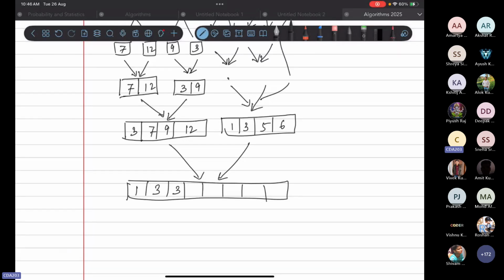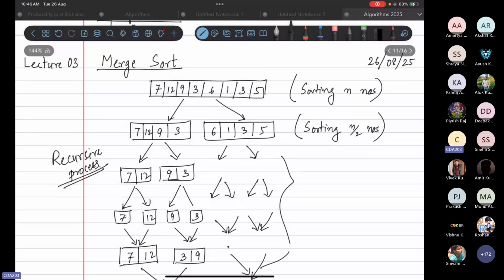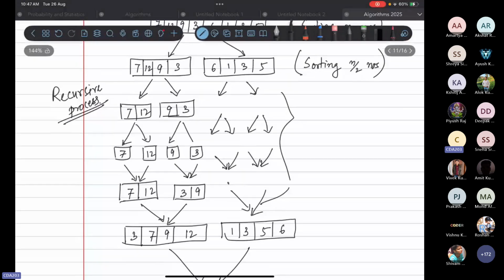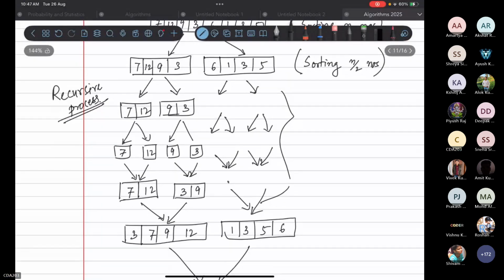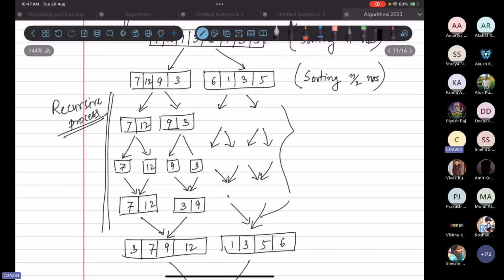And then I have 5, and then 6, and then 7, 9, 12. Okay, so this is the sorted array that I'll get. And remember that all these intermediate steps that I have done here are nothing but a recursive process.